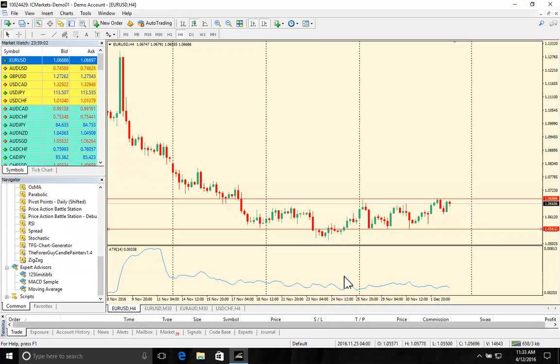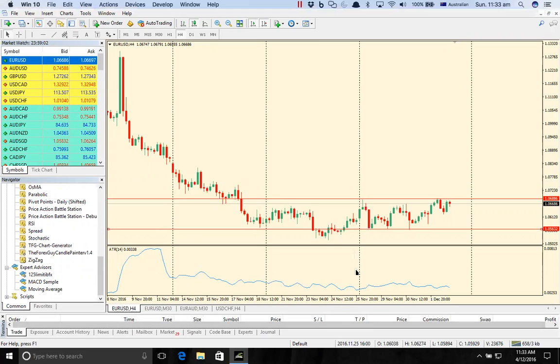Okay, no. What is the 50% of it? 33 points, so half of 33 is 16 pips. No, you don't calculate it that way. Yeah, 17 pips. Okay, so where are you going to put the 17 pips?